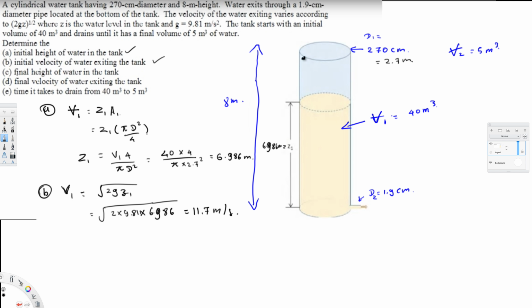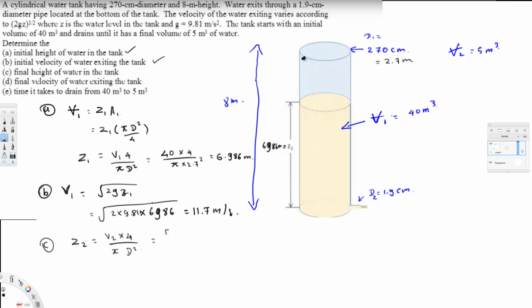Let's do the C part: the final height of the water in the tank. Same approach, we already rearranged this equation. In this case, the only thing that's going to change is the volume, or diameter remains the same because it's still the same tank. So we are dealing with the final height, which is going to be Z2. It's going to be V2 times 4 over pi D squared.